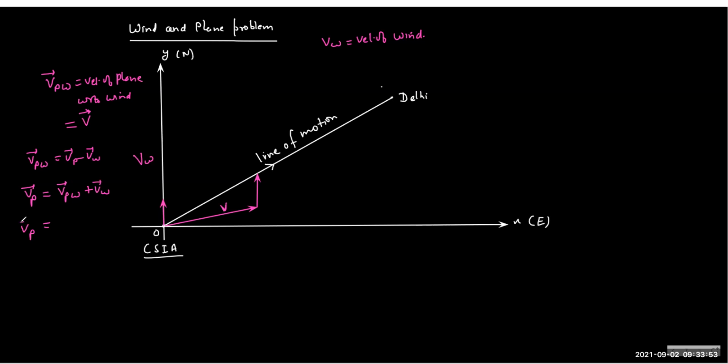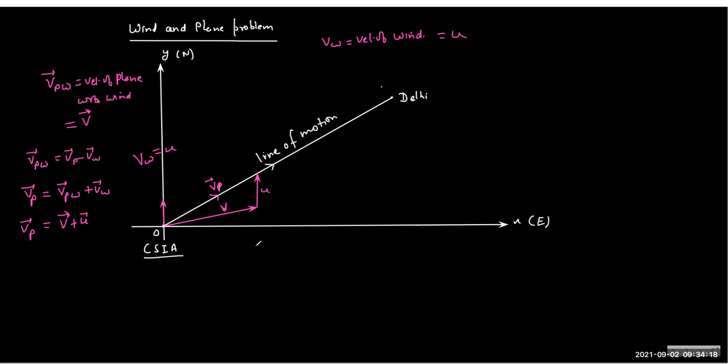Let's keep it as it is, and let's call VW this, so that I stick to the same definition. And this is your VP, the resultant of these two.